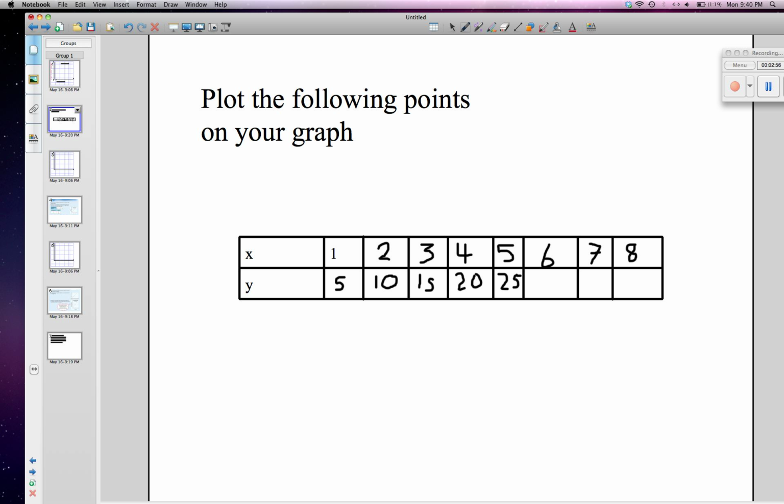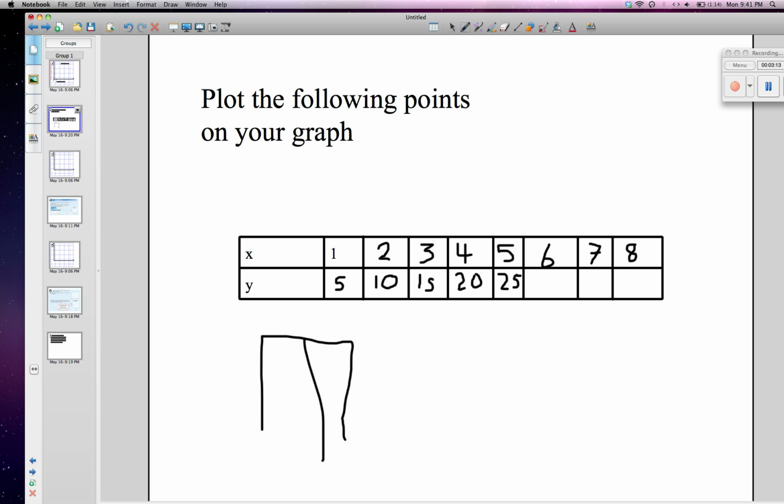Well, let's do something different. This is called the table of values, and I need you to copy this down. You have an x and a y, with the x values on top and the y values underneath.